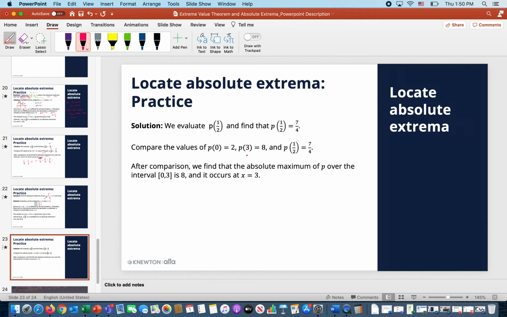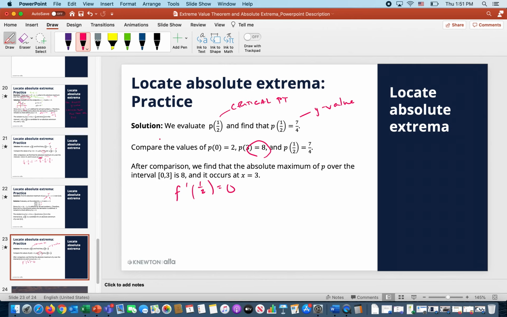The absolute biggest y value is at 8. Okay, so remember, 1/2 is the critical point. 7/4 is the y value of that. Okay. Now, if I said to you, what is f prime of 1/2, right? In other words, what do you get if you plug 1/2 into the derivative? You should tell me that you get 0. Because remember, we just set the derivative equal to 0 and we solved for 1/2.